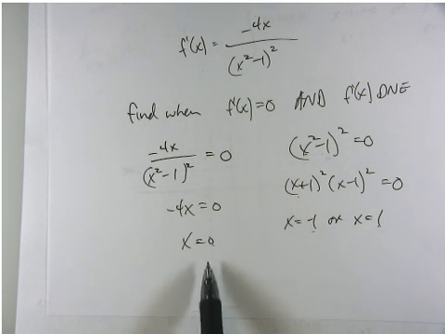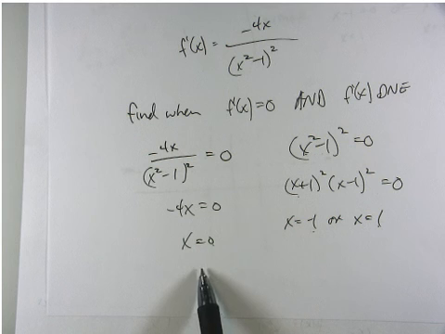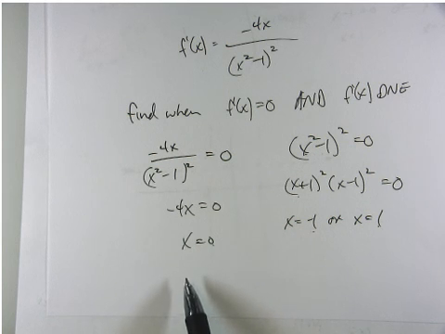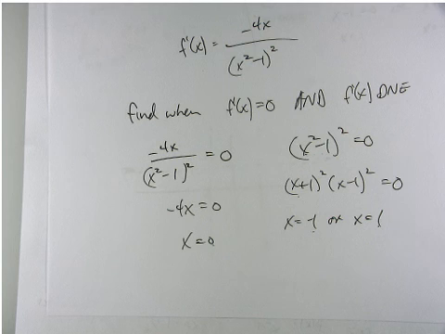So I might be able to use that to decide whether this time x equals 0 is a max or a min, because if it were bowed down, I would know that it was a max, and if it were bowed up, I would know that it was a min. But that's not going to tell me whether it's increasing or not, right? Increasing, decreasing is all about f prime. It's all about whether f prime is positive or negative.